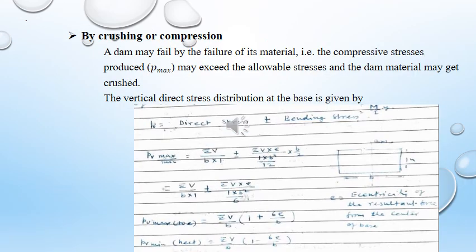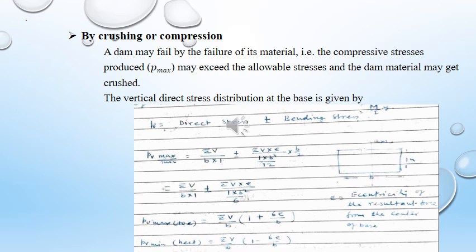The second mode of failure, that is crushing or compression. The dam may fail by the failure of its material, that is, the compressive stress produced may exceed the allowable stresses and the dam material may get crushed.